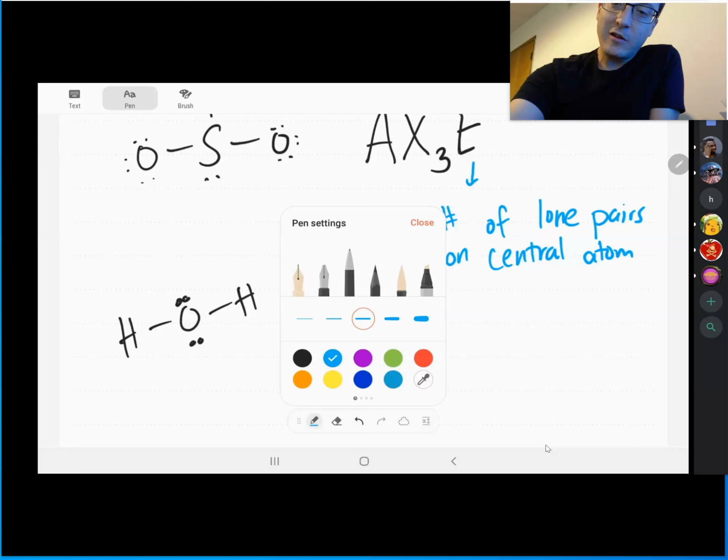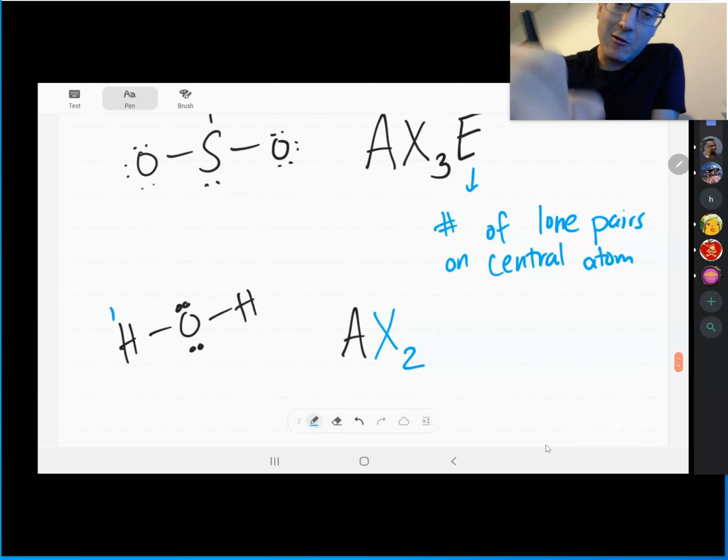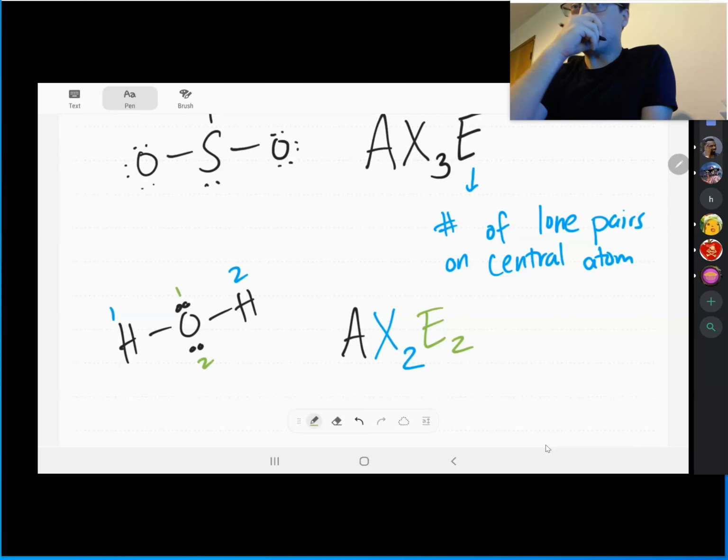We have 2 outer atoms, and we have 2 lone pairs. We can classify water as having the AX2E2 structure. Okay, is that all right so far?